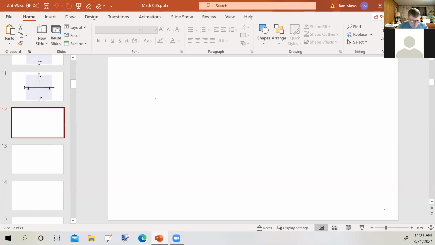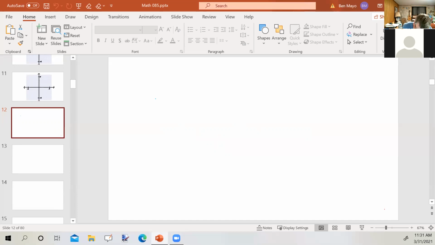Before we look at factoring trinomials, I want to look at multiplying polynomials together because we're going to basically be undoing that situation. So if you took Math 85 or perhaps a beginning algebra class somewhere, you hopefully looked at this process.